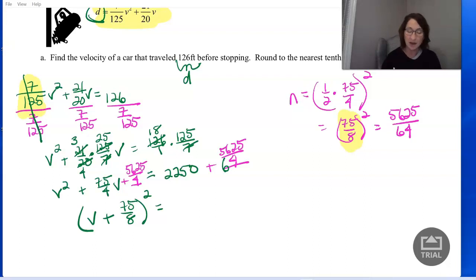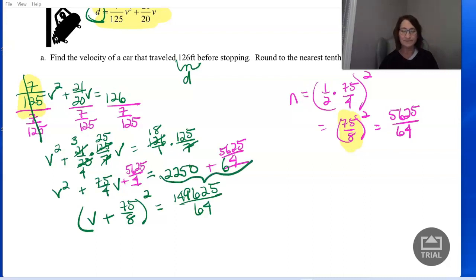It's going to be 149,625 over 64. That's just adding those two together. You can do that with your calculator. So now I've got it in the right format, so I can apply my square root property.